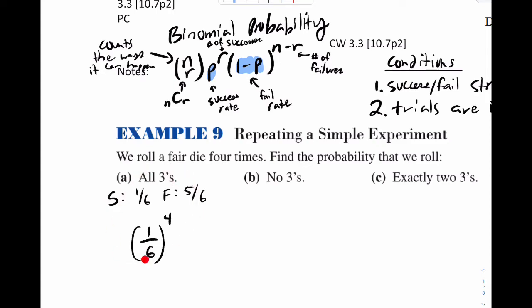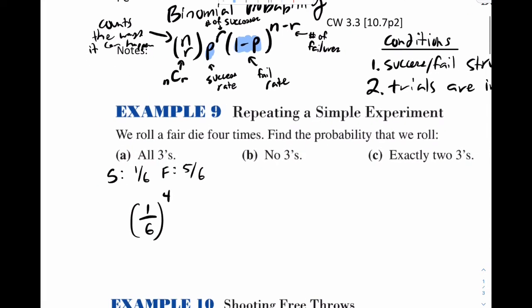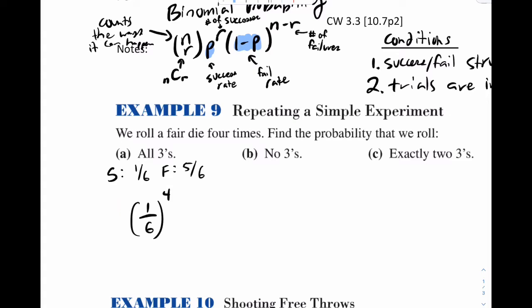So for this particular example, it's kind of useless because when I put in 4C4, this is just 1, which makes sense because there's only one way you get all threes. You would get 3, 3, 3, 3, and that's the only way that this event could happen. So we know that's going to be 1, but we can still plug in our calculator to figure it out.